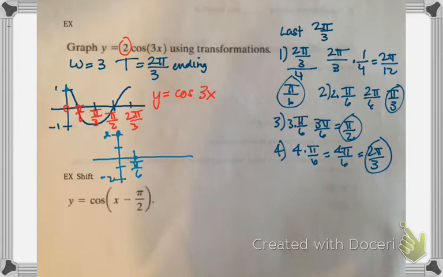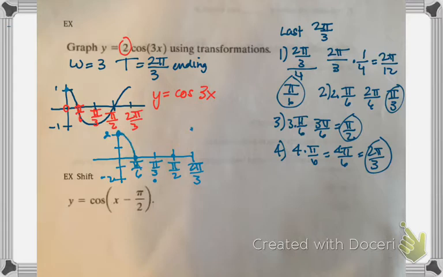Okay, and then pi over 3 was negative 1. Negative 1 times 2 is negative 2. And then at pi over 2, it was 0. So 0 times 2 is 0. And then finally at 2 pi over 3, the last point, the value was 1. So 1 times 2 is 2.